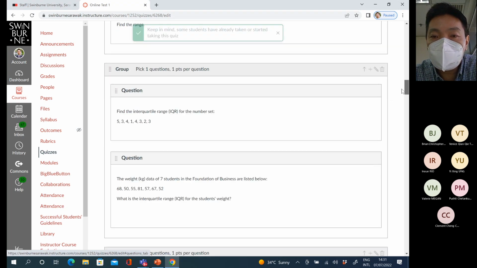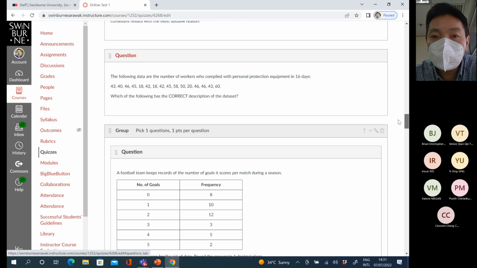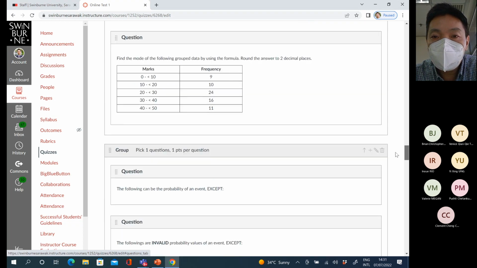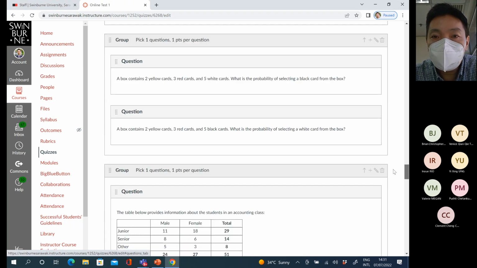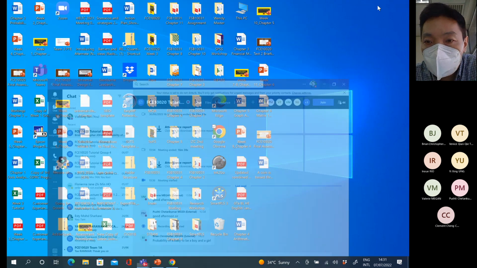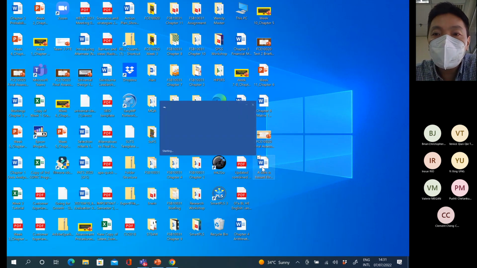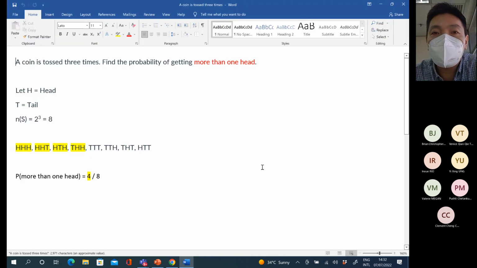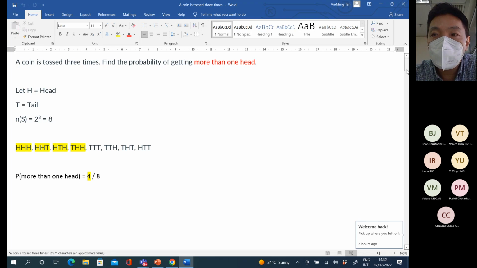Maybe we can choose those probability questions. We go for the basic one first. This one. I copy this question and paste it to Microsoft Word now, so that you can see, because I use a bigger font size.